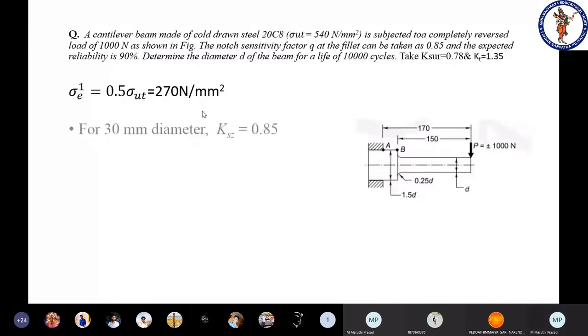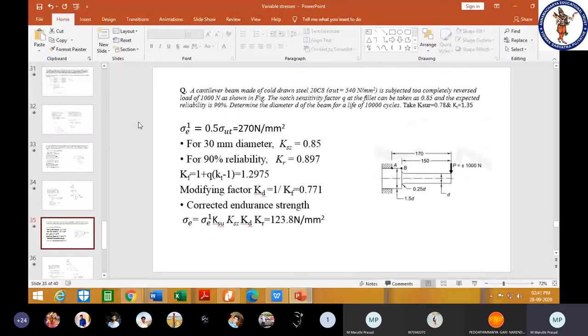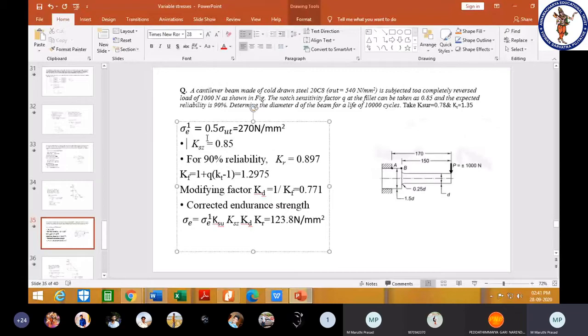Then, this is not with 30 mm diameter; we need to calculate the diameter of the shaft. Assuming that the diameter is between 7.5 and 50 mm, we are considering the size factor as 0.85.